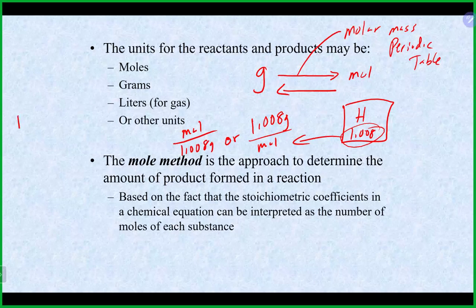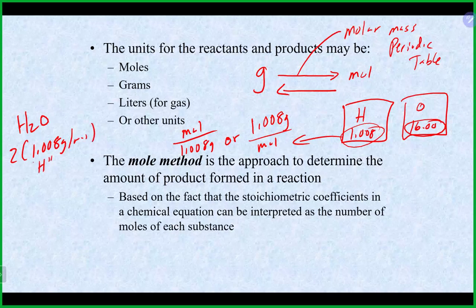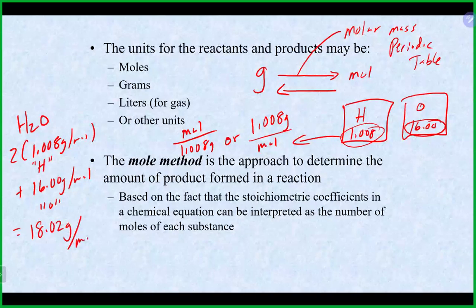If you have a molecule, you just go to the periodic table and add up all the parts. So there would be 2 times 1.008 grams per mole for my hydrogens. I would add that to 16 grams per mole for my oxygen, and that would give me a molar mass for water of 18.02 grams per mole. Once again, you can use that as a conversion factor, 18.02 grams per mole, or you could flip it around: a mole is 18.02 grams.